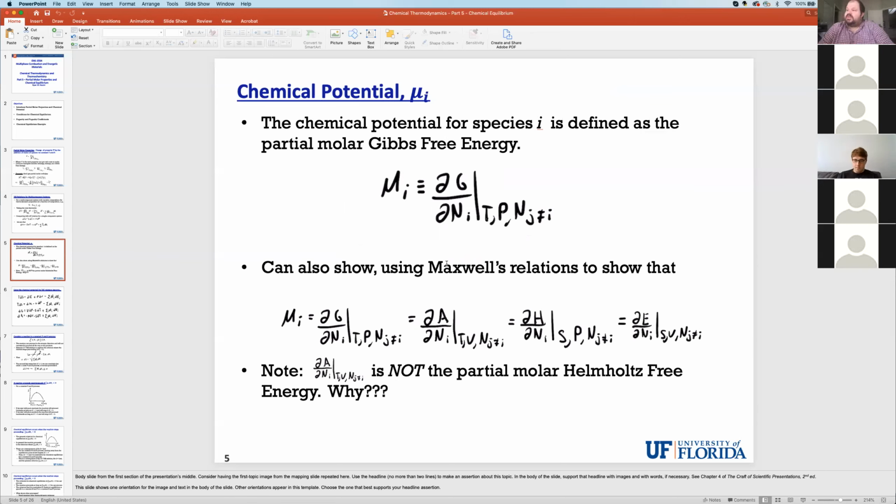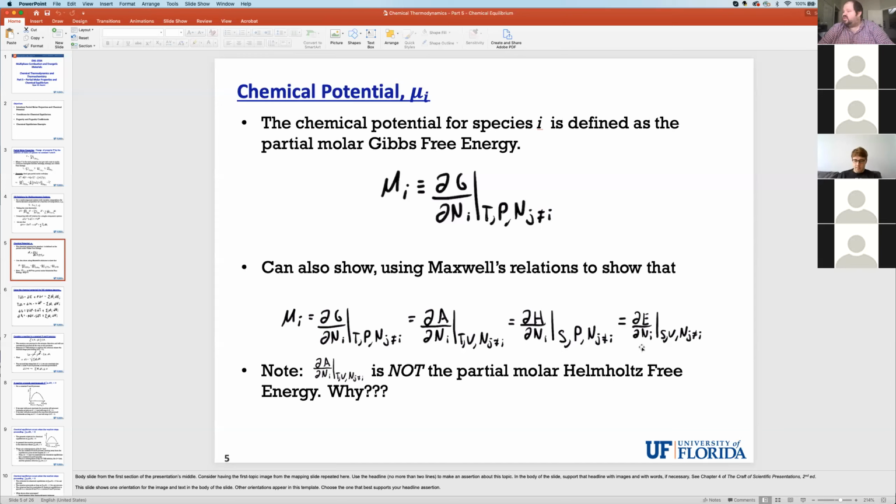Using Maxwell's relations extended to a multi-species system, you can show that the chemical potential is equal to the partial molar Gibbs free energy, which is equal to the derivative of the Helmholtz free energy A over the change of moles of species i at constant temperature and volume. It's also equal to the change of enthalpy over the change of moles of species i, holding pressure and entropy constant.